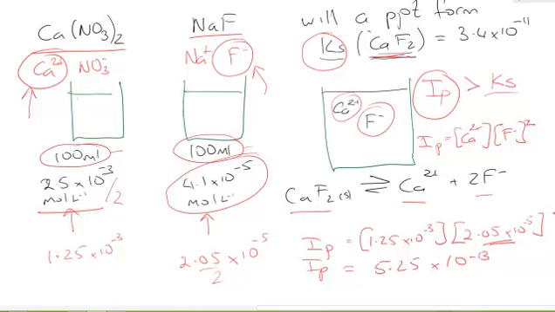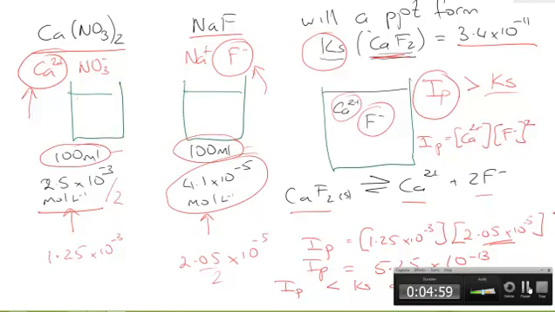At this stage we recognise that that number here is smaller than this number. It's a negative 13 and that's a negative 11. So as IP, and you must make the statement, is less than Ks, a precipitate will not form. Now obviously if it was bigger than that number, a precipitate would form.